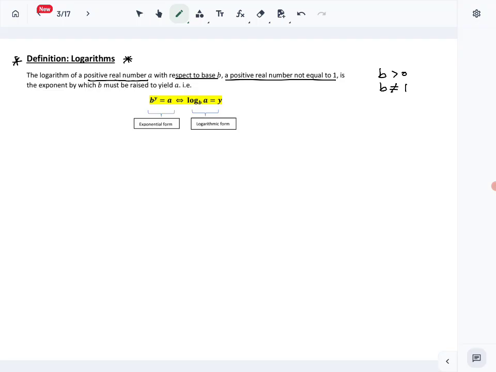The logarithm is the exponent by which b must be raised to get a. What that means is b raised to some value y equals a if and only if log base b, with a inside the log, equals y.